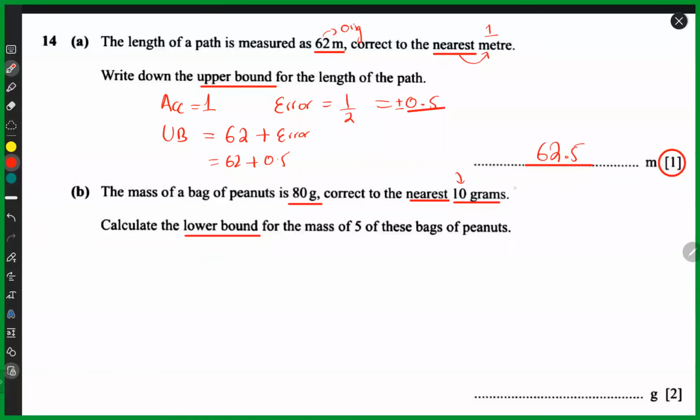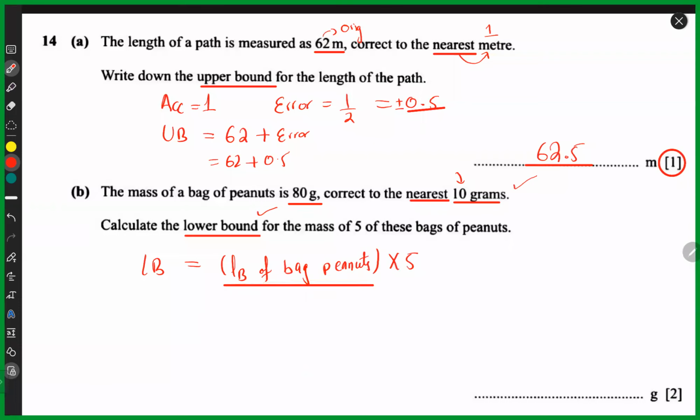So we have information about 1 bag. You need to find out the lower bound for the mass of 5 of these bags. So it would be the lower bound of 1 bag of peanuts multiplied by 5. Since it says lower bound, I'll just write down the lower bound of this quantity and then I'll multiply that with 5.